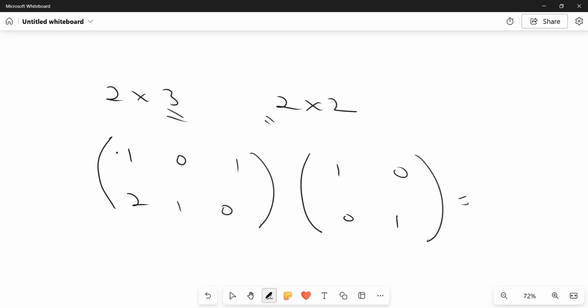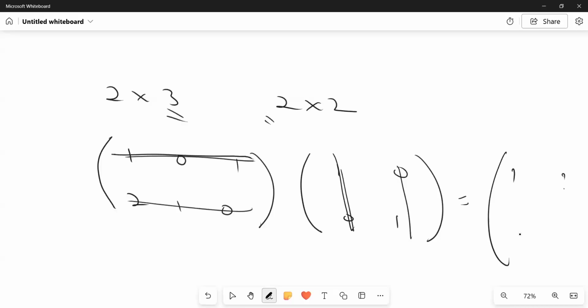Remember, we have rows by columns. So that should go here. Rows by columns, that should go here. Rows by columns, we go there. And rows by column here, right? So what you see happening here, the rows by the column, you end up with a 2 by 2. So you get a 2 by 3 by a 2 by 2, and you end up with a 2 by 2.